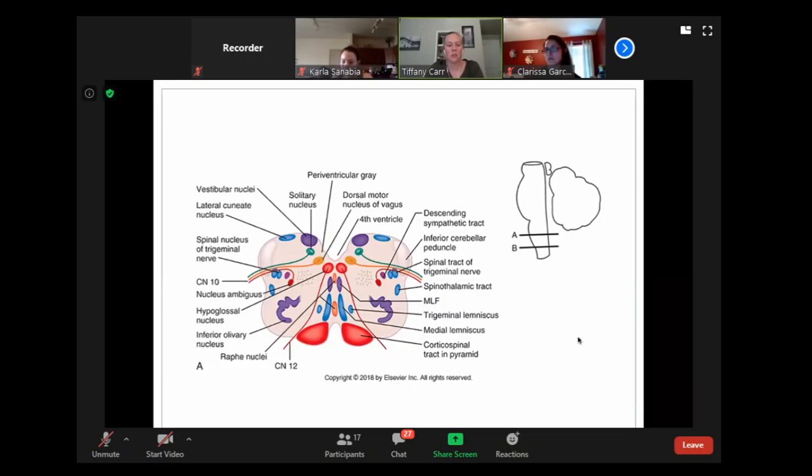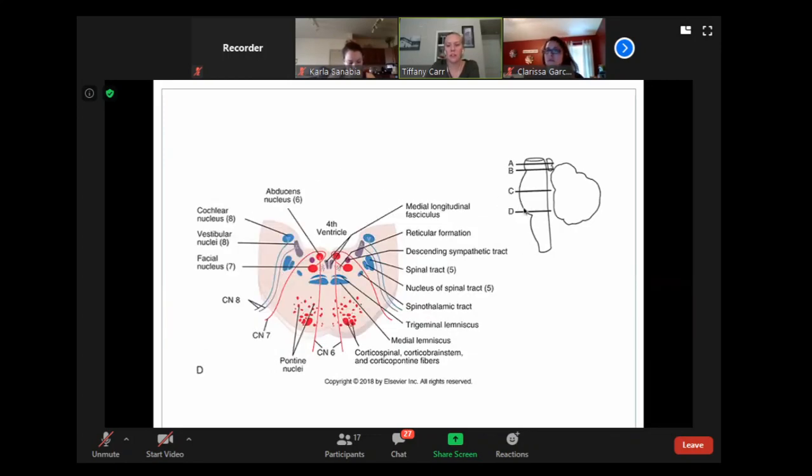Just make sure you're looking at those charts, memorizing these, and seeing how the other tracts are playing into this as well. So we have the corticospinals in there, spinothalamics, the medial lemniscus, trigeminal lemniscus, and more the solitary nuclei, and a few of the cranial nerve nuclei, more posterior.